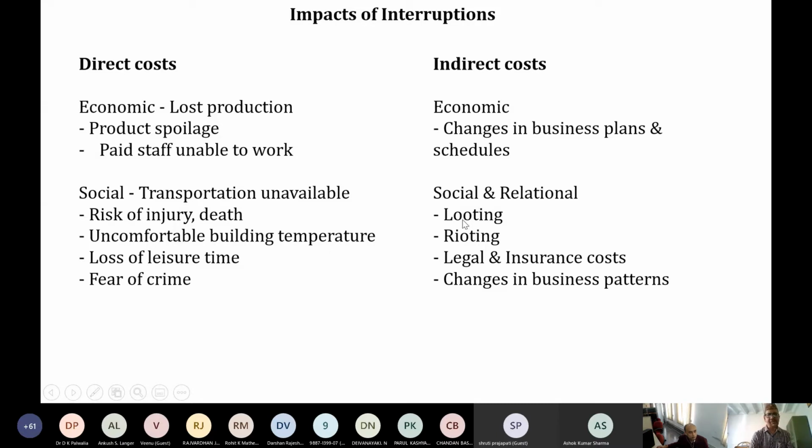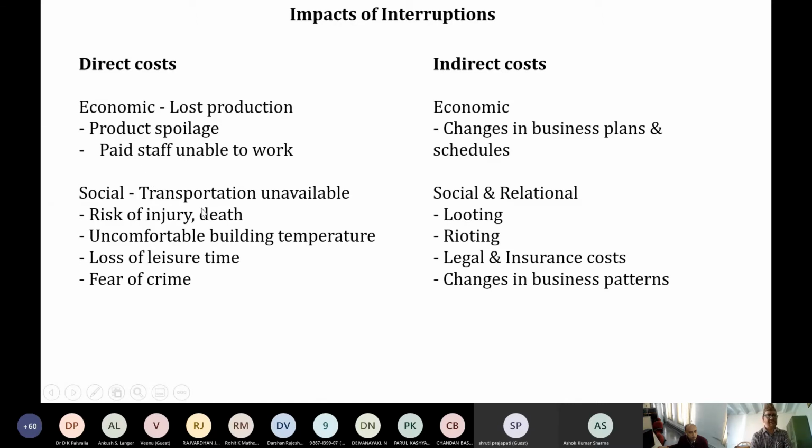Then there can be some legal cost and insurance cost. If such provisions are there, then these costs also have to be considered. And because of prolonged or frequent electricity outage, sometimes business owners should start thinking about changes in their business plan. So these things have to be considered.